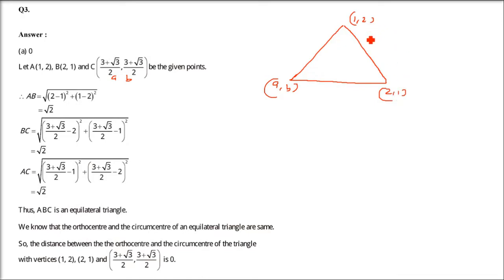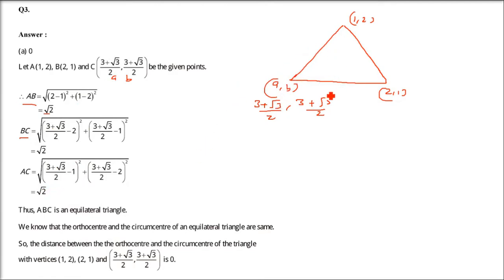Now we can find out the sides using the distance formula. I hope you will be able to do the square root of (y2 minus y1) whole square plus (x2 minus x1) whole square. This is how you are going to find out the distances. Now we know the distances, and when you take them, you will get to know that all the distances are equal: root 2, root 2, root 2.